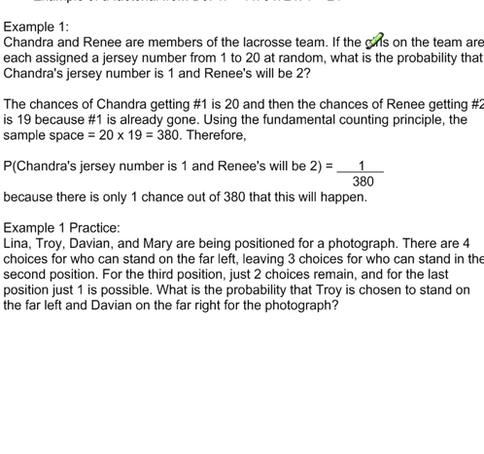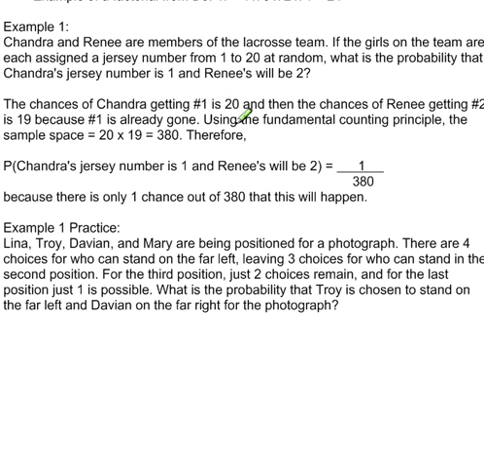Okay, so in example 1, we've got two people that want to be members of the lacrosse team. And if the girls on the team are each assigned a jersey from 1 to 20 at random, what is the probability that Chandra's jersey number will be 1 and Renee's jersey will be number 2? So the chances of Chandra getting a number 1 is 20 possible outcomes, and then the chances of Renee getting number 2 is 19 possible outcomes, because the number 1 has already been taken.